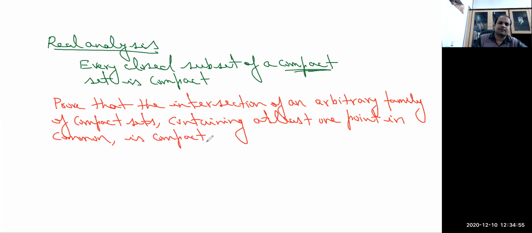So for the proof of this, we will use the previous result. We already know that every closed subset of a compact set is compact. This proof we have seen.